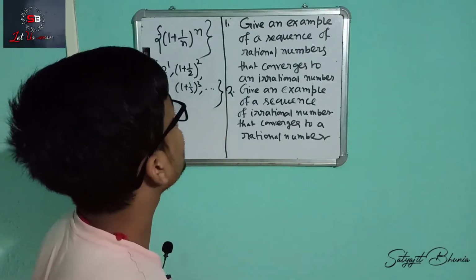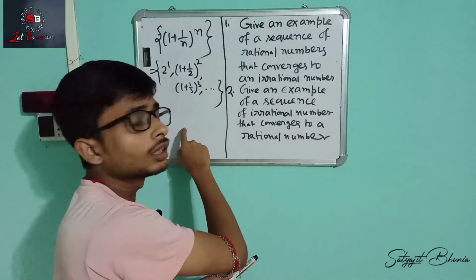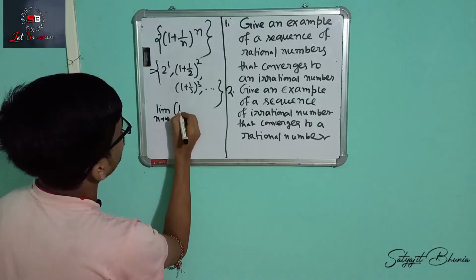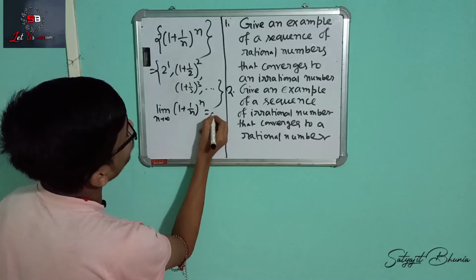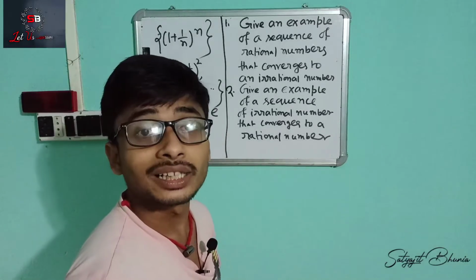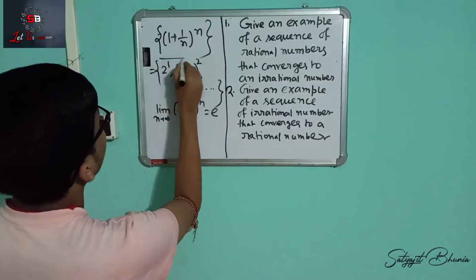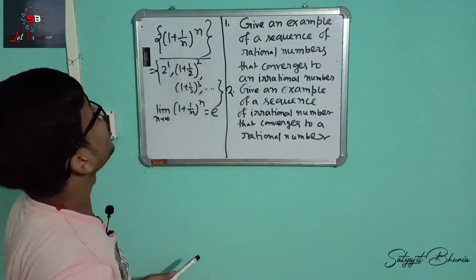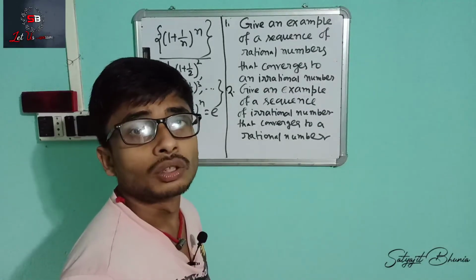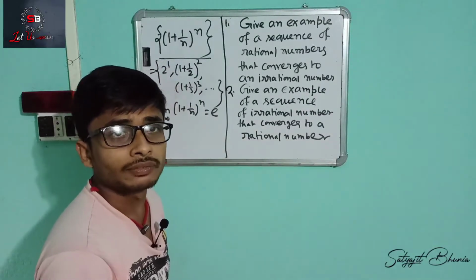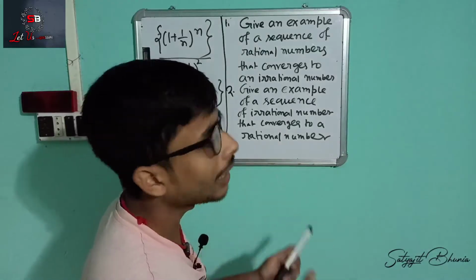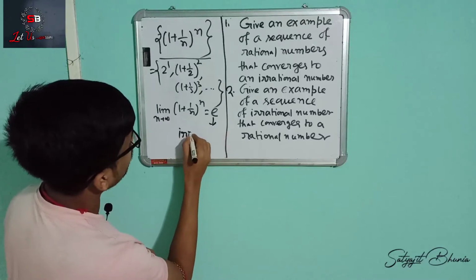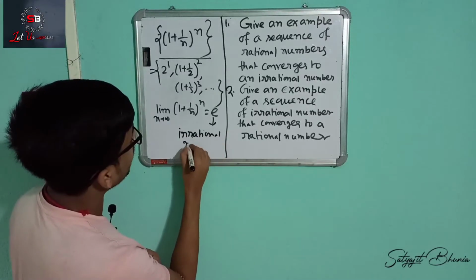So we can easily see that this is a sequence of rational numbers, but the sequence converges to e, which is an irrational number. So this is the example for the first question: the sequence (1 plus 1 by n) whole to the power n is a sequence of rational numbers which converges to an irrational number, since e is an irrational number.